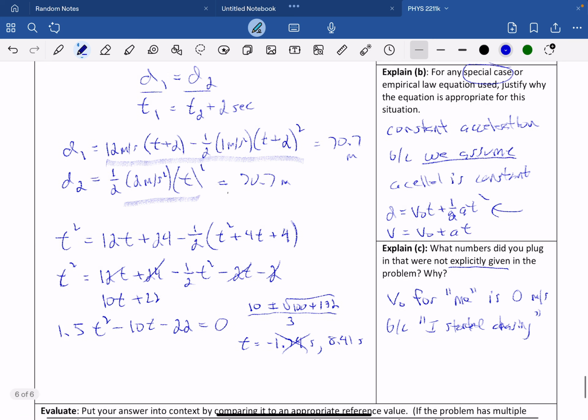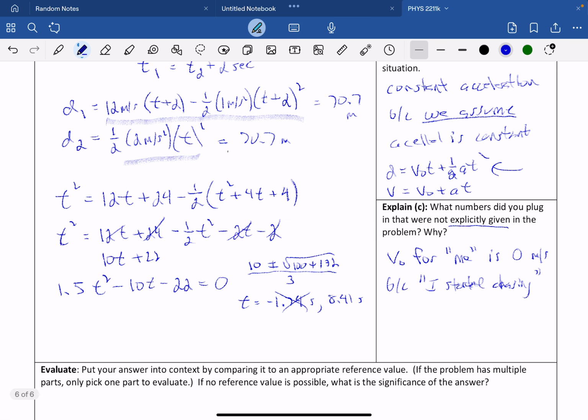What the problem asked for was how fast we were both going. So the train's velocity is going to be 12 meters per second minus 1 meter per second squared times 10.41 seconds. Why 10.41 seconds? Because t plus 2. The train was going 2 seconds longer than I was going. And if you plug this in, you get the velocity of the train is equal to 1.59 meters per second.